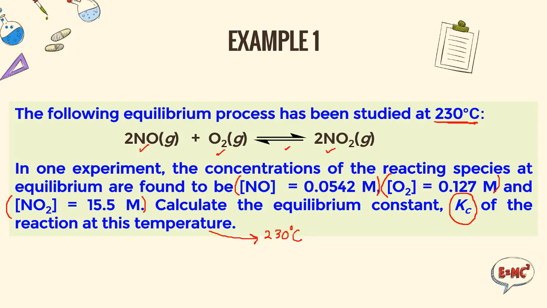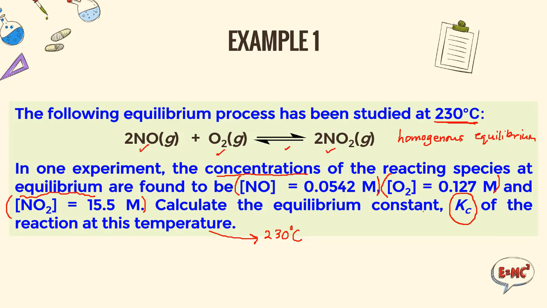Okay, so make sure you have a balanced chemical equation dan pastikan kita kena tengok phase. Kita tengok pada balanced chemical equation ini adalah homogeneous equilibrium. Okay, all the reactants and products have the same phase. Okay, right. And then what are given to you? You have the concentrations of the reacting species at equilibrium.